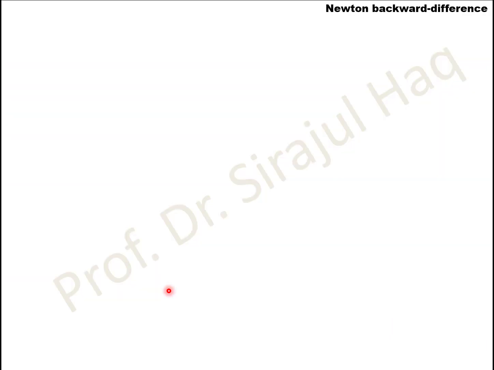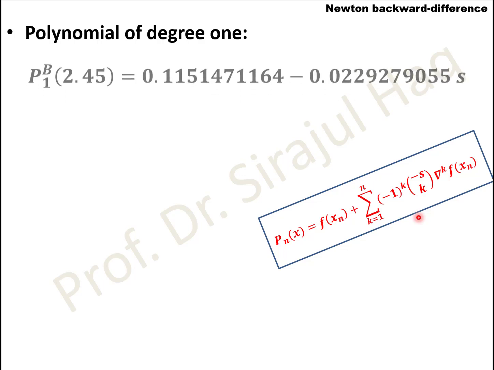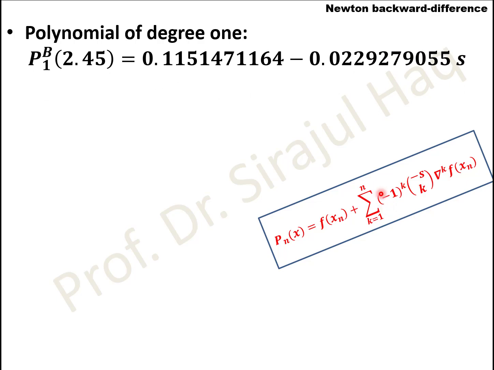Now, let's come to the different polynomials. Polynomial of degree 1. This is the formula, which I copied from there. Already you know that. Polynomial of degree 1 means that the value of n is equal to 1. K starting from 1 up to n.